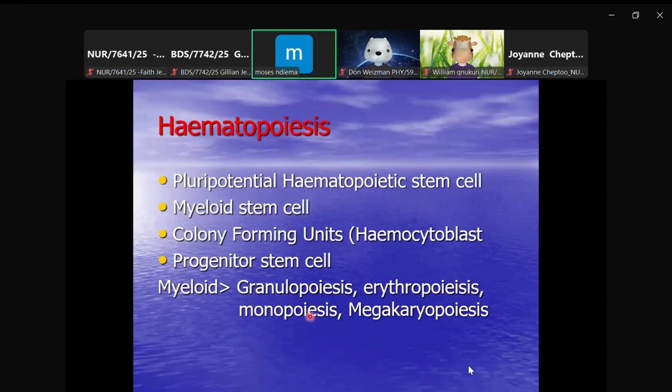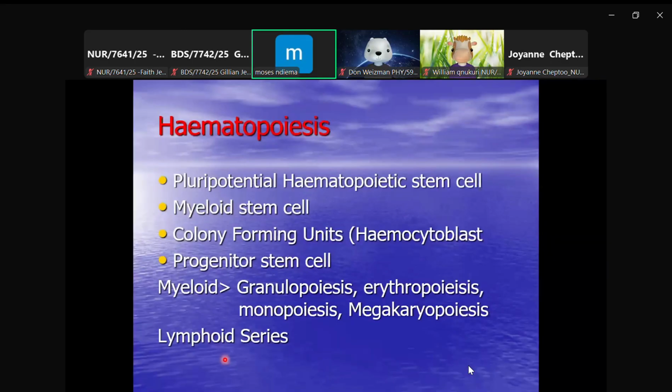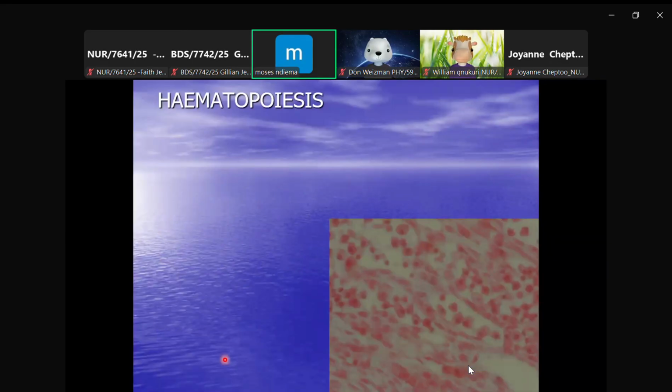These spiky projections help in forming a mesh-like network that plugs up the injured blood vessel, and therefore stops blood from moving out, forming coagulation.